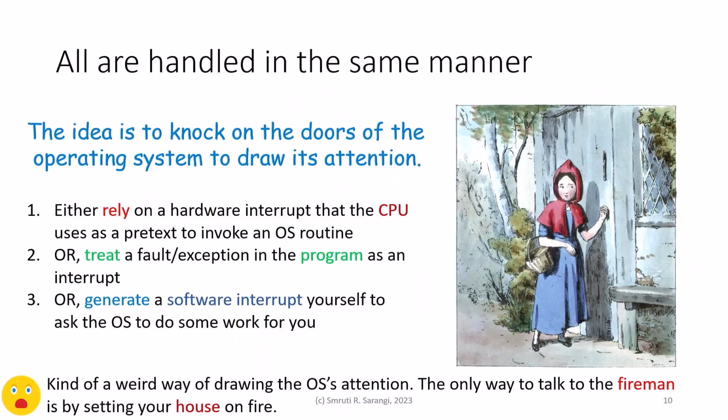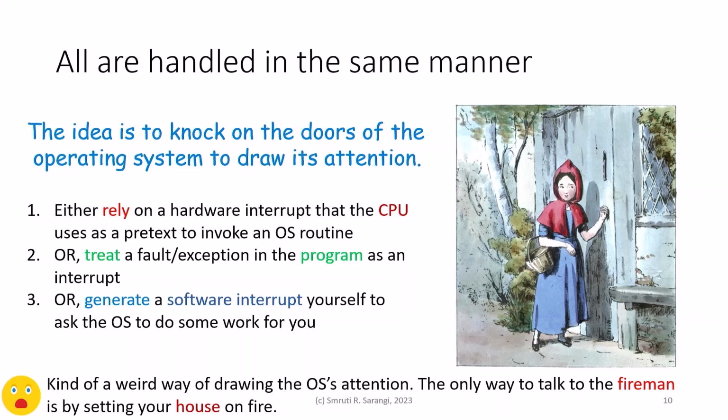So essentially all are handled in the same manner, where the idea is to knock on the doors of the OS to draw its attention. You raise your hand to grab its attention.